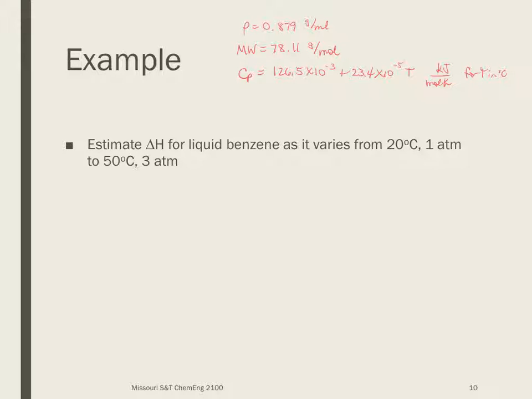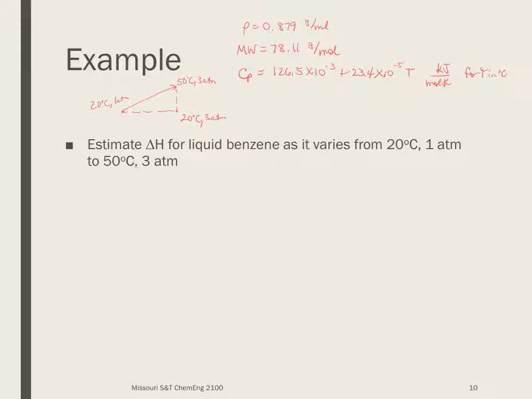The other thing that we want to do is have a calculation process path. So if I'm starting at 20 degrees C, 1 atmosphere, and getting to 50 degrees C, 3 atmospheres, it's going to be much easier if I take this in two steps: 20 degrees C, 3 atmospheres, so I hold the temperature constant, change the pressure, and then hold the pressure constant and change the temperature.